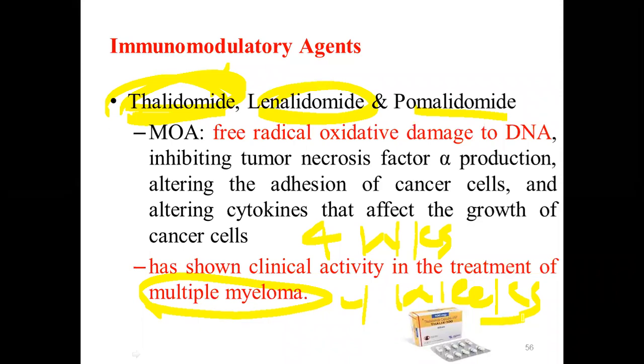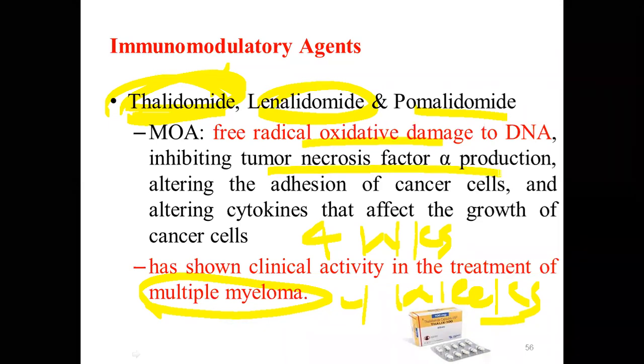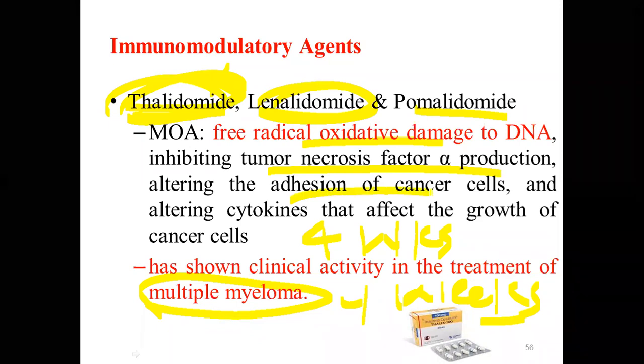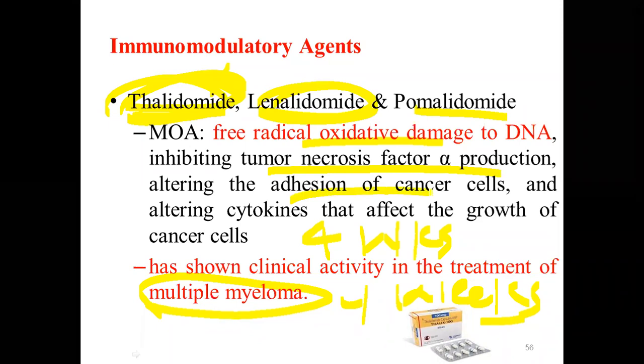Then, in terms of mechanism of action, it causes pro-radical oxidative damage to the DNA, and it also inhibits tumor necrosis factor alpha production, which is important for proliferation of the cancer cell. Then it also alters cancer adhesion and also alters cytokines in such a way that it can affect the growth of cancer cells.